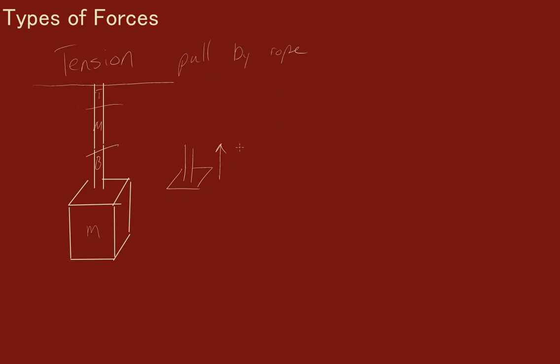Now, if you recall, I said that the gravitational acceleration, so if this mass was in free fall, would be the gravitational force on the object over the mass, so the amount of force the Earth is exerting on it per unit of mass.